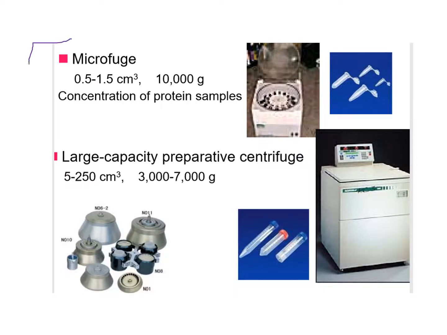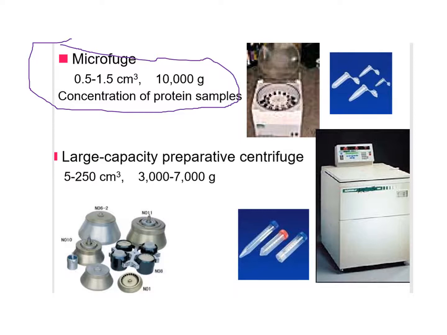The easiest one that we use is called a microfuge. I don't know if you can tell, but this is about the size of a quarter or 50-cent piece here. And it holds about 1.5 mils of material. So a very small amount, but that may be what you have for a sample here.